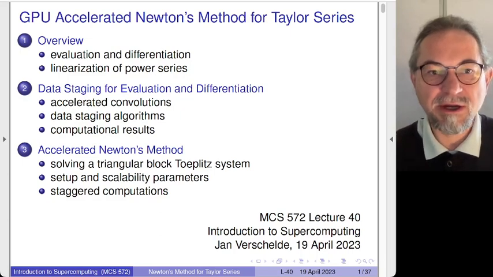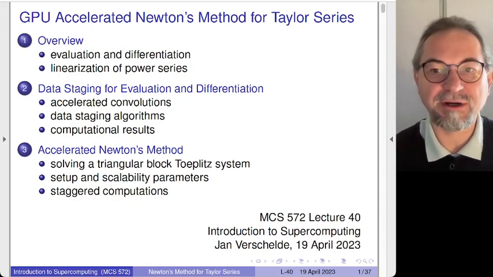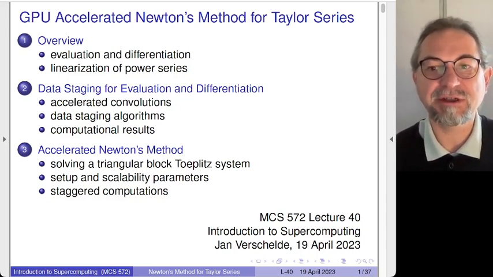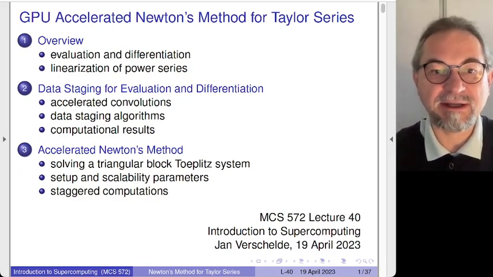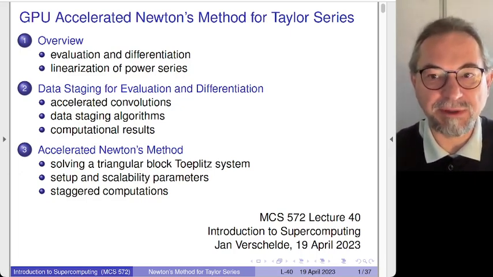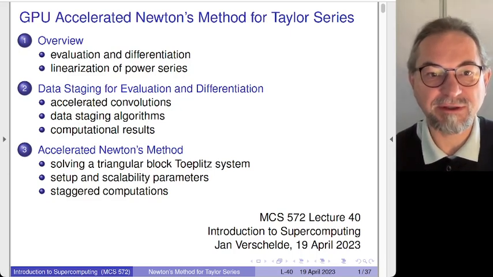So after the overview, I will explain data staging algorithms for evaluation and differentiation. And I will then also, in this last part, indicate how Newton's method for Taylor series is implemented, is accelerated with a graphics processing unit.